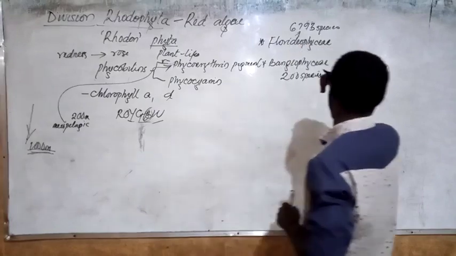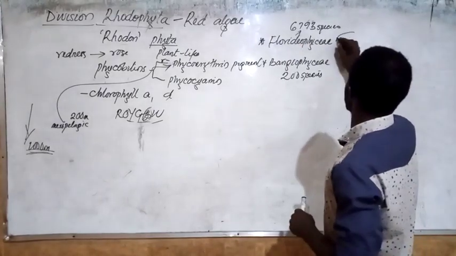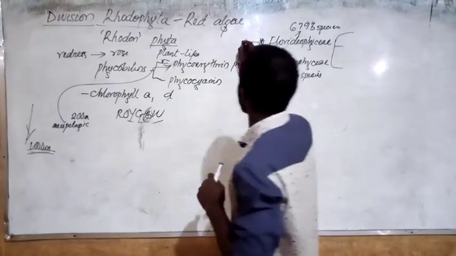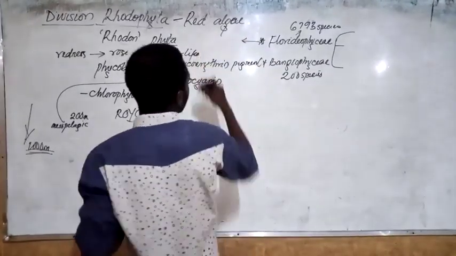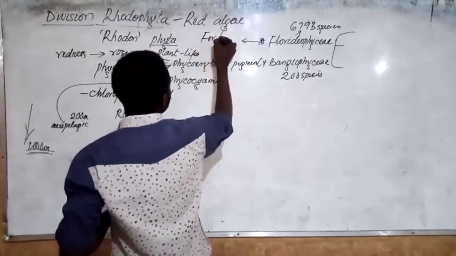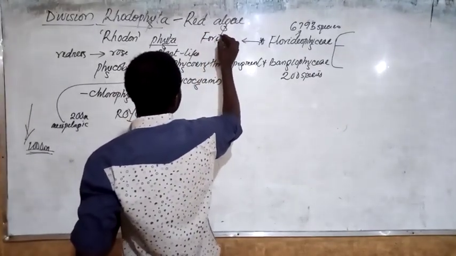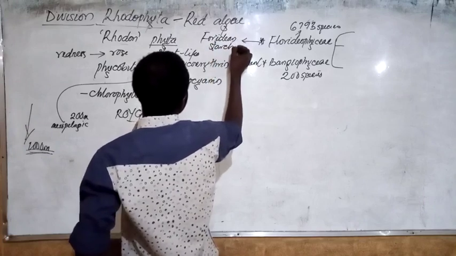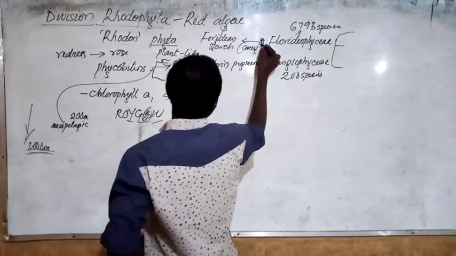The most common are the Floridophysi. They are called the Floridophysi because the form in which their food is stored is called the Floridian starch, which is similar to amylopectin.